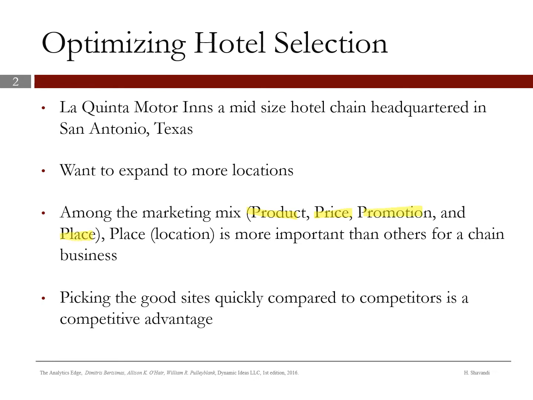We can say for a hotel chain, the place is more important than other P's because picking good sites quickly compared to competitors would be a competitive advantage. So in this case, we want to help La Quinta Inn find better sites to expand the hotel chain.